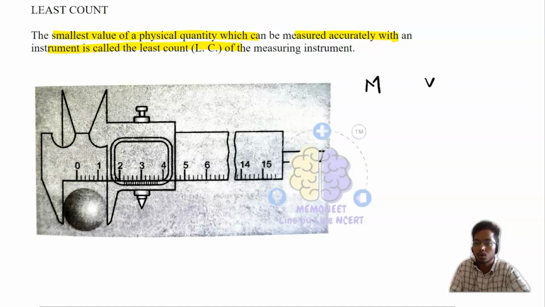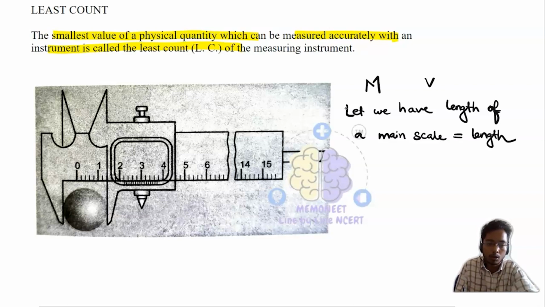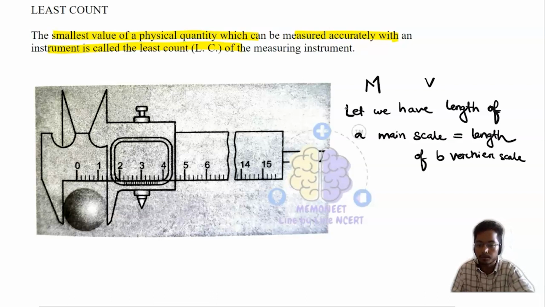So we have the length of a main scale will be equal to the length of the vernier scale. So we have a into m is equal to b into v.